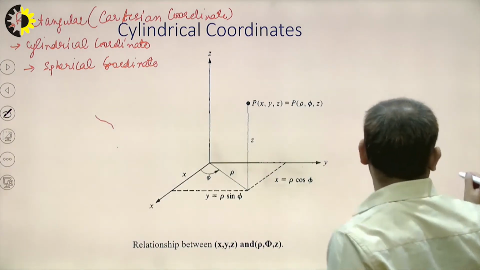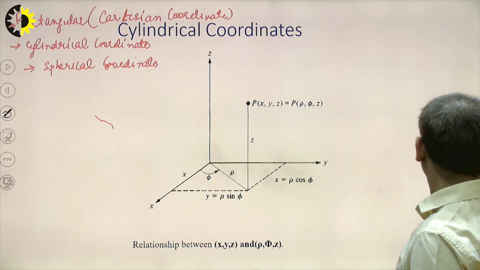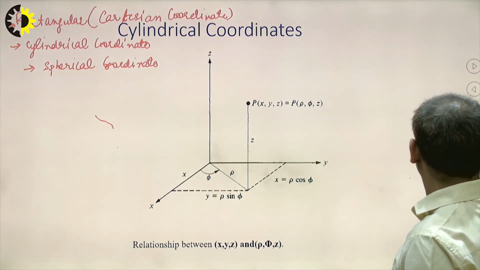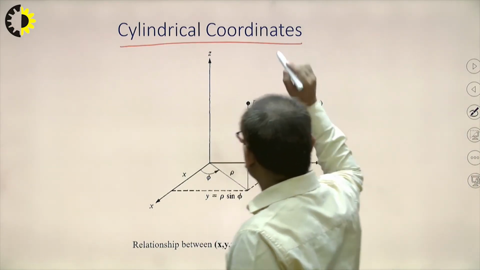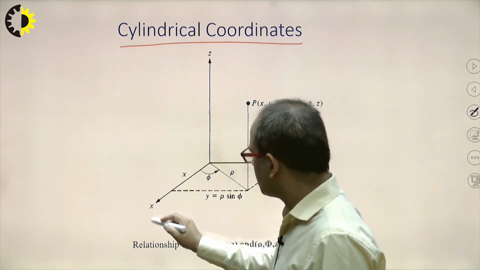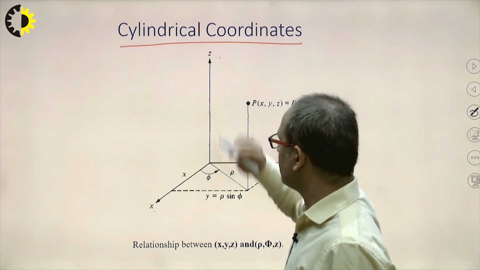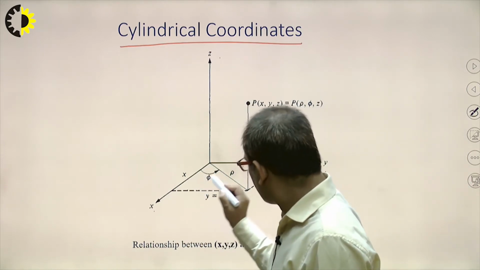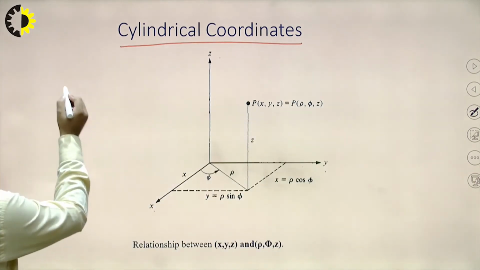So let's start with the cylindrical coordinate system. In this cylindrical coordinate system, let's say this is x, y and z, three dimensions of the space.